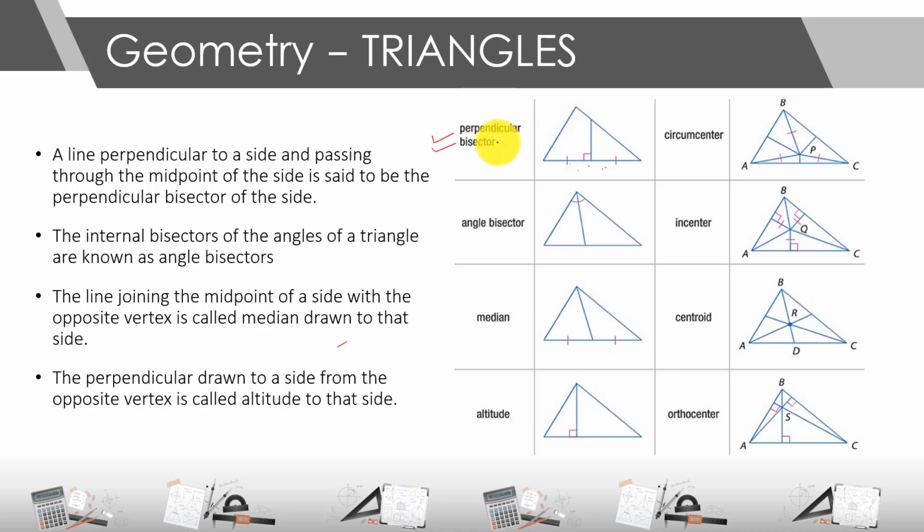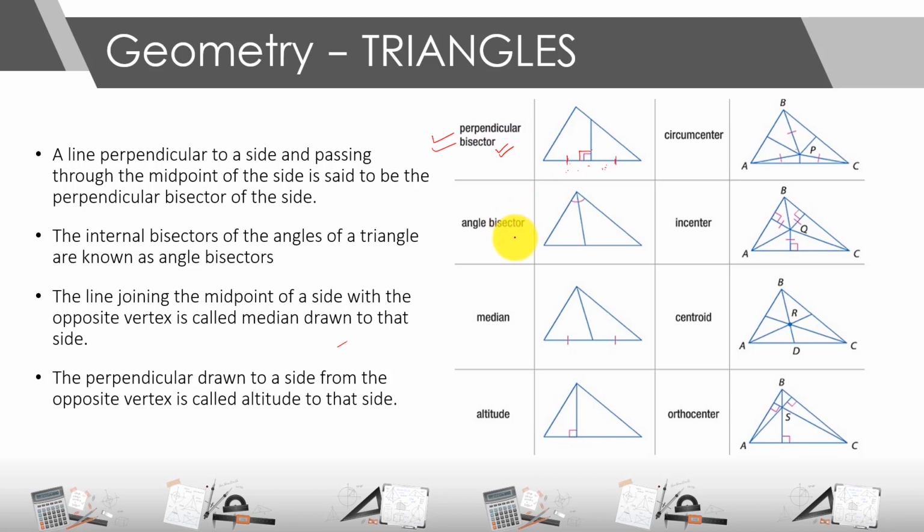If you create perpendicular bisectors for all 3 sides, such as we see in this diagram, the 3 perpendicular bisectors will meet at a point called P. So the first scenario is if the line that we create is perpendicularly bisecting one of the sides of the triangle. The line that we have drawn here is bisecting the base and it is at 90 degrees with the base. So this is a perpendicular bisector line.